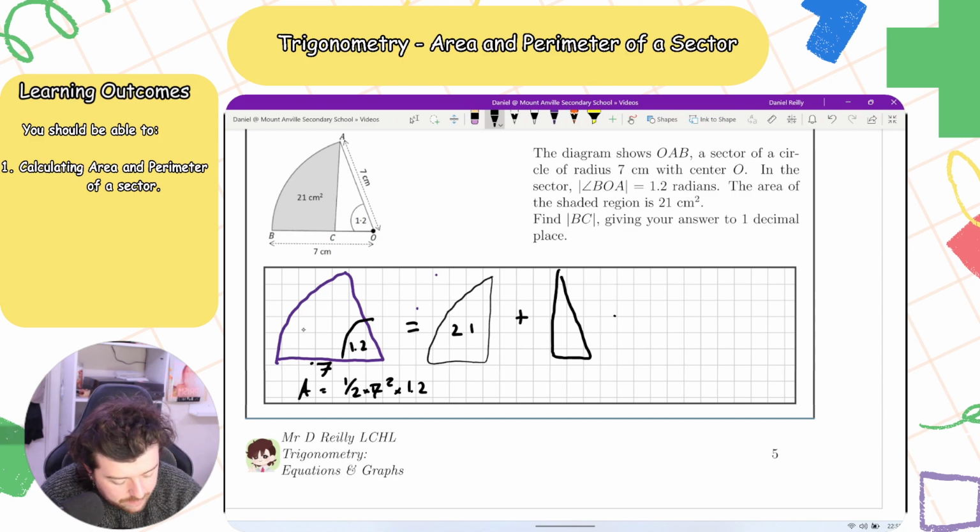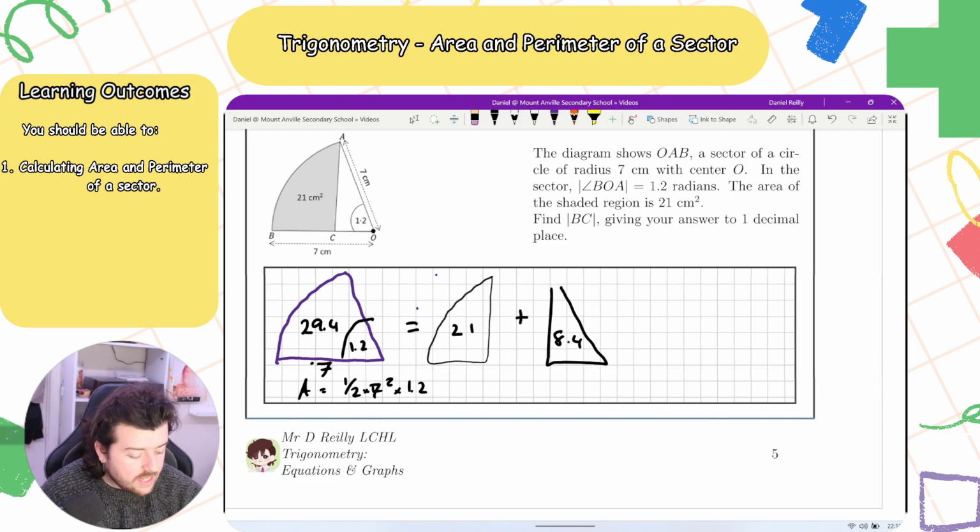So the area of the big sector is 29.4. The area of this sector is 21. Therefore, the area of the triangle has to be 8.4. Now the area of the triangle is 8.4. I know this angle is 1.2. This is 7.